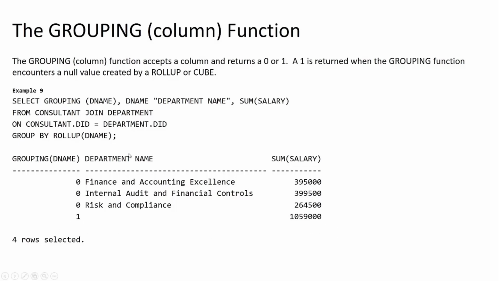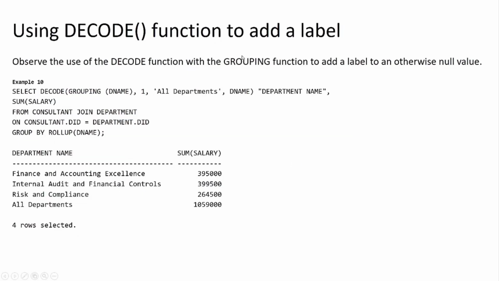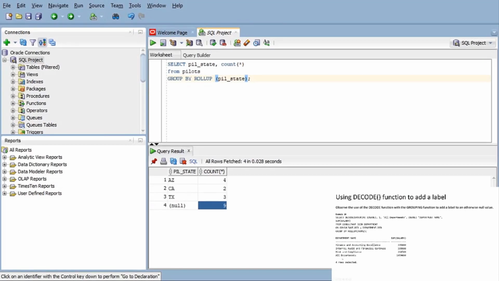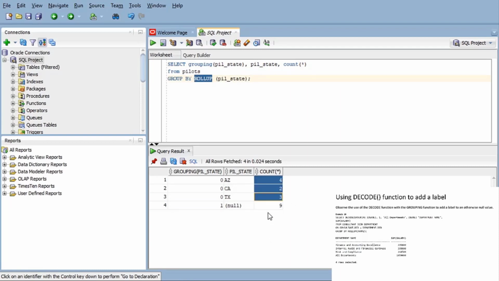Okay, and then based on that, you could use your decode function to perhaps pretty up your report a little bit. So in this example that we just had here, if we were to say, let's say, grouping PIL state, we get a value of 1 for this row that was generated because of the rollup, whereas we get 0 for all of these that were generated by just the regular group by.